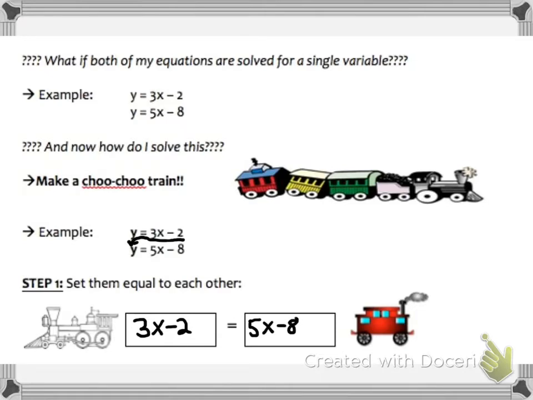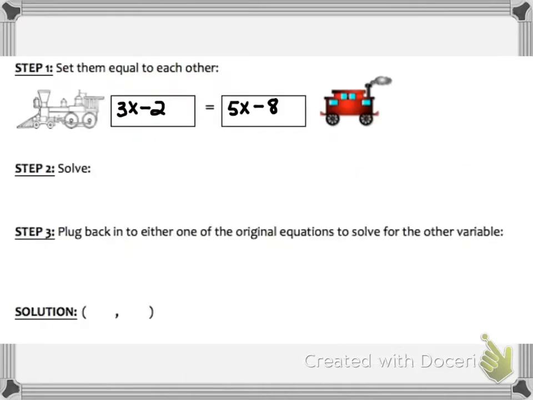At this point, I'm able to go and solve the problem. So I'm going to solve for my variable. I do this by combining like terms, and I'm going to bring the x's all to the right-hand side. So I'm going to subtract 3x from this side and subtract 3x from this side. And I get negative 2 is equal to 2x minus 8.